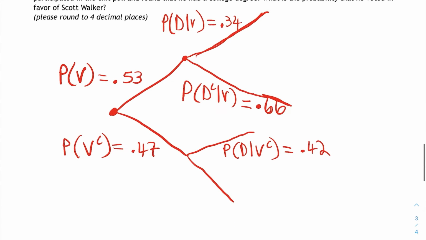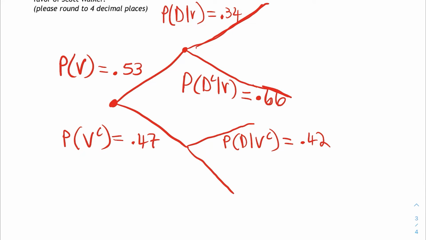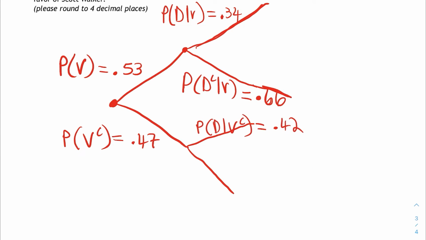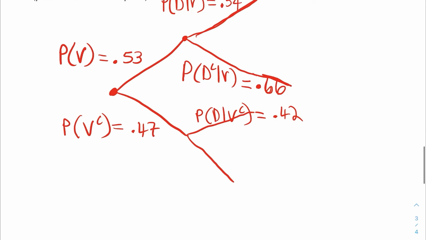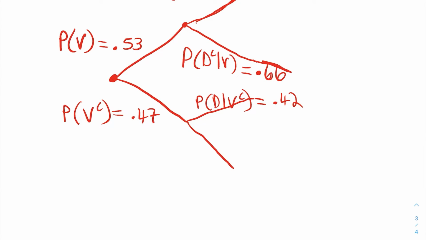And once again, these branches of the tree have to be complements of each other. So if 42% of the people who did not vote for Scott Walker had college degrees, by default, the complement, or 58% of the people that did not vote for Scott Walker, did not have college degrees.